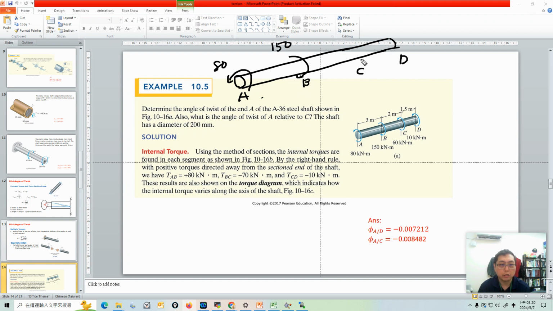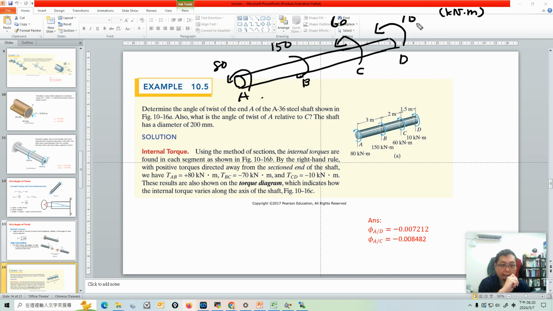C is counterclockwise at 60, I think, and D is counterclockwise as well, so it's 10. Don't forget the unit is kilonewton times meter.